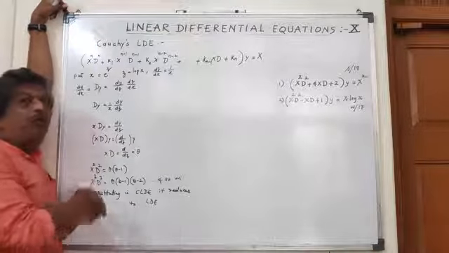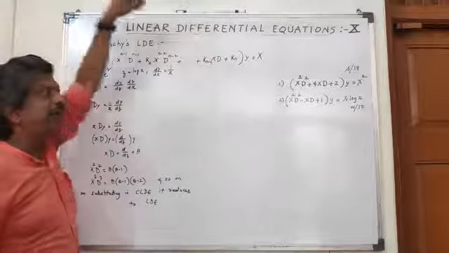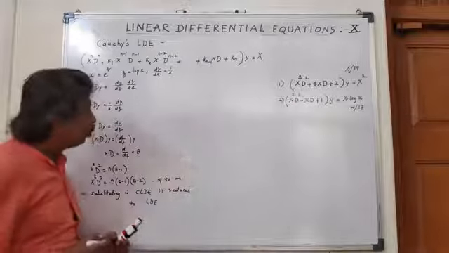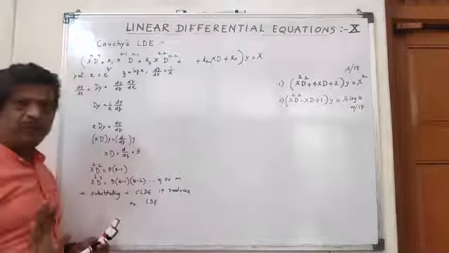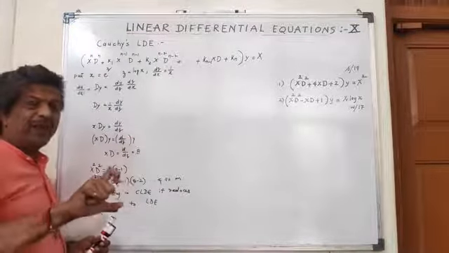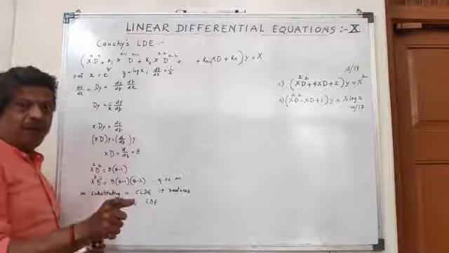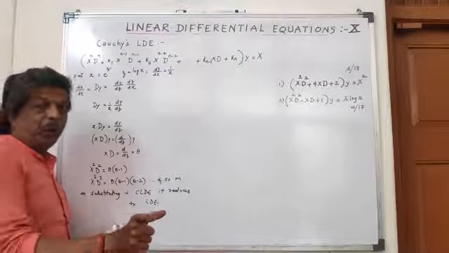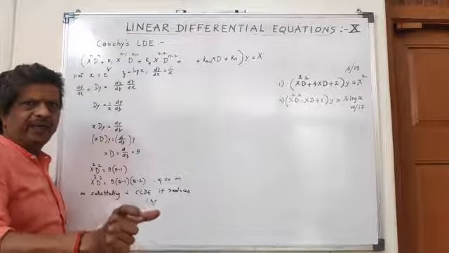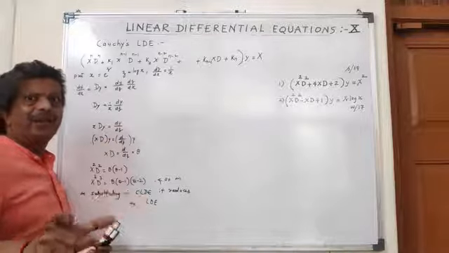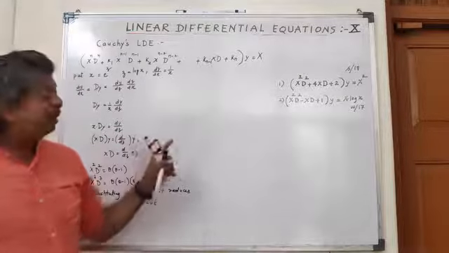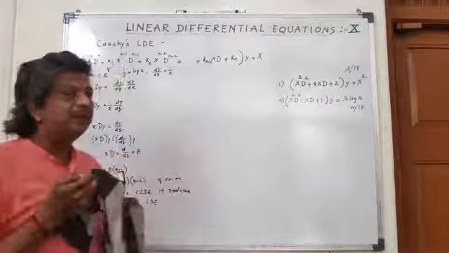How it transforms into a linear differential equation, we shall see while solving these two examples. So, very simple substitution: put x equal to e power z, put xD equal to theta, put x square D square equal to theta into theta minus 1, put x cube D cube equal to theta into theta minus 1 into theta minus 2, and so on. Very simple. Subject to this, we shall solve these two examples.